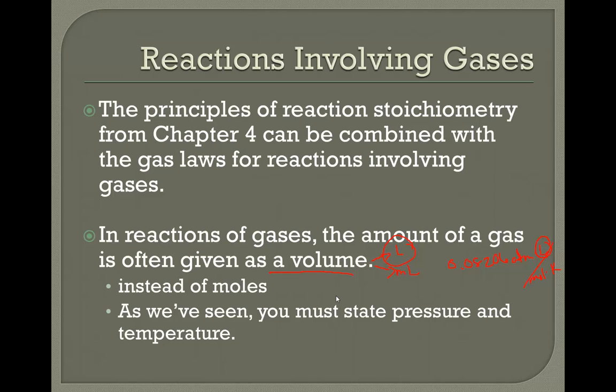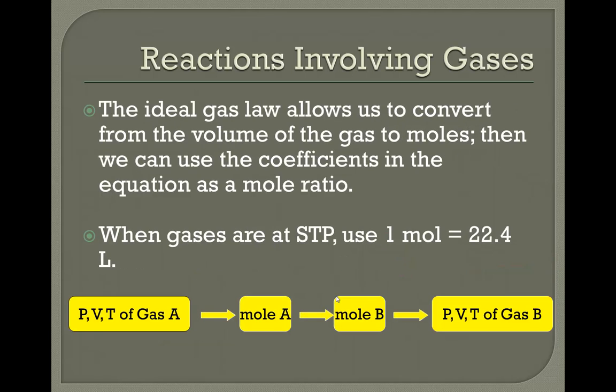As we've seen, you must state the pressure and the temperature of the reaction. The ideal gas law allows us to convert the volume of a gas to moles by using PV equals nRT. If we have the volume, we can figure out the moles, the n. Then we can use the coefficients in the equation as the mole ratio, like we've done before.